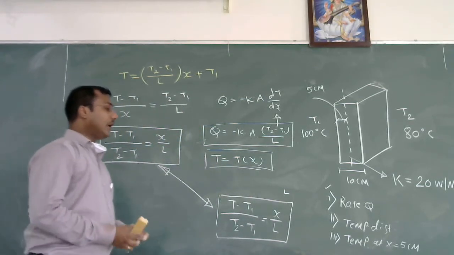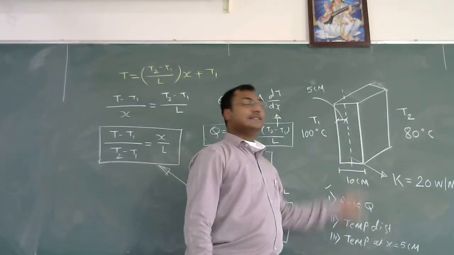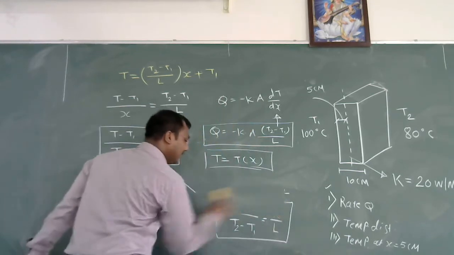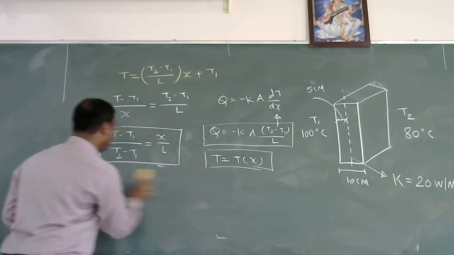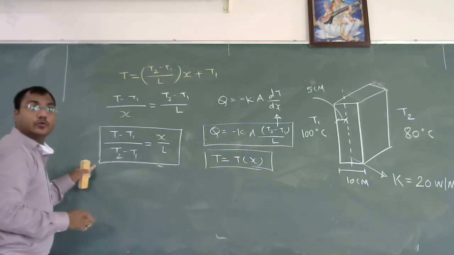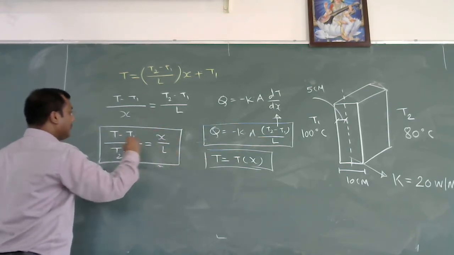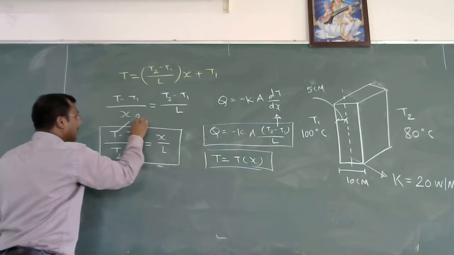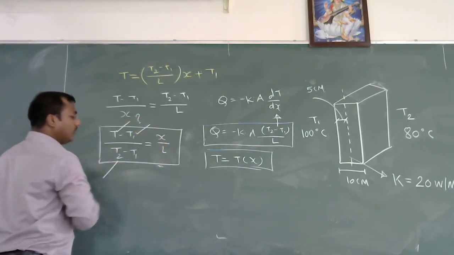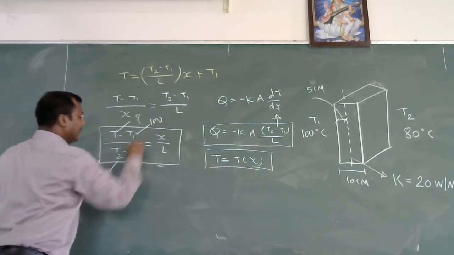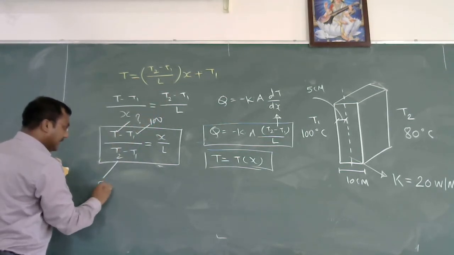Third thing, you need to calculate the temperature at x equal to 5. For that, the same equation you need to use. You have the value of T1, that is 100. You have the value of T2, that is 80.